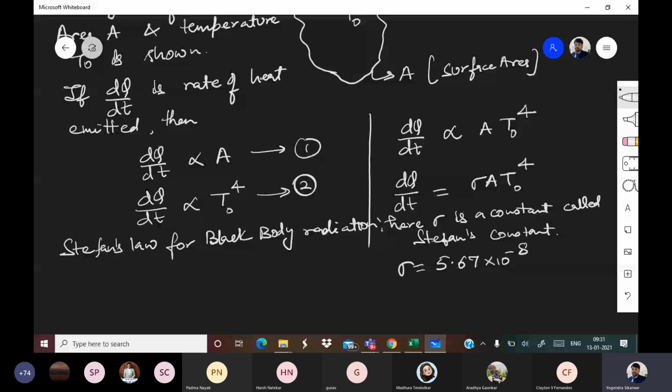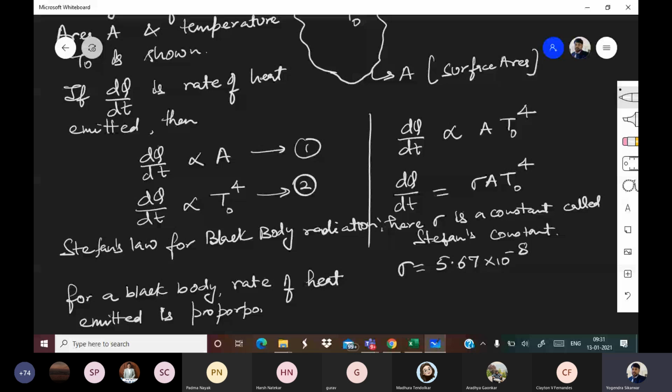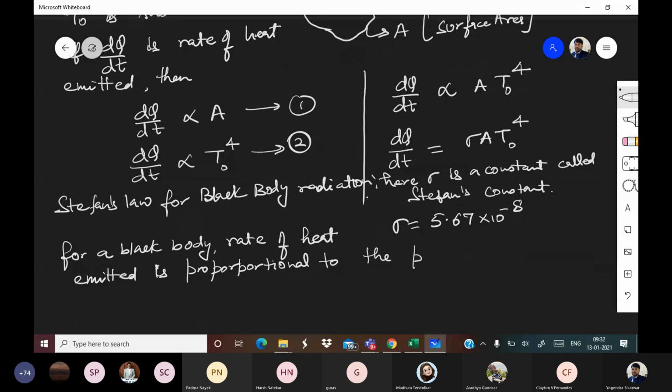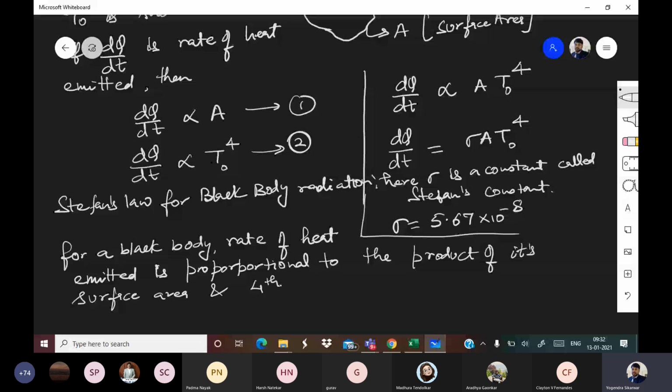Please write: for a black body, the rate of heat emitted is proportional to the product of its surface area and the fourth power of its absolute temperature.